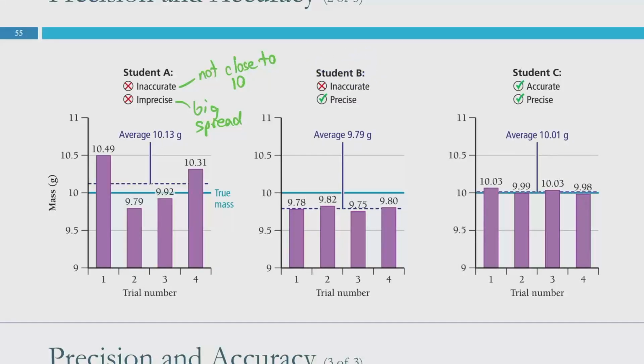Student B, their data, notice that all of their data is below that 10-gram true value. But despite being off target, being inaccurate, they are still very consistent in how far their measurements are from each other. So they did a good job keeping their measurements close to each other.